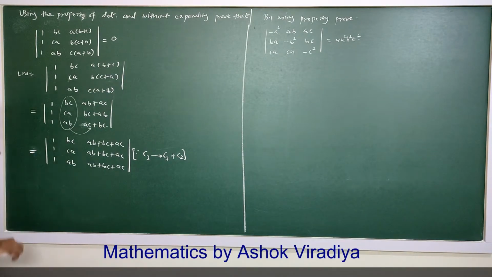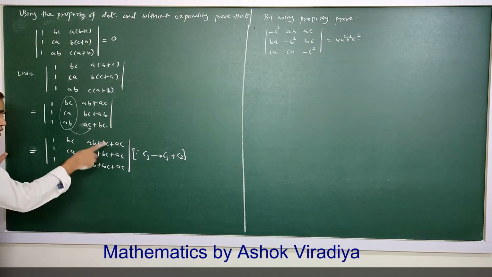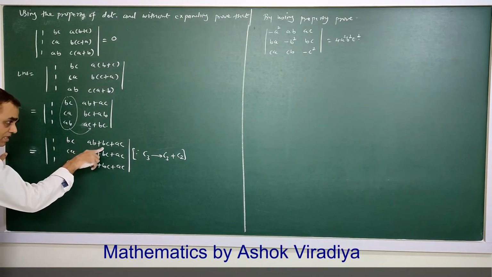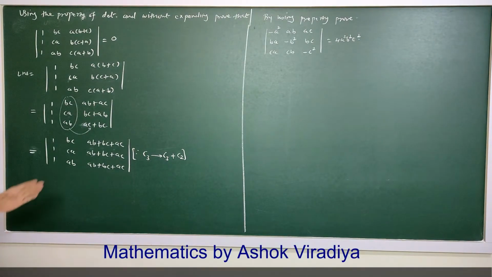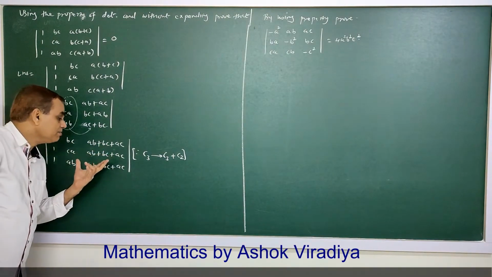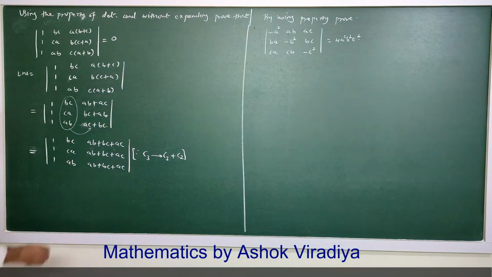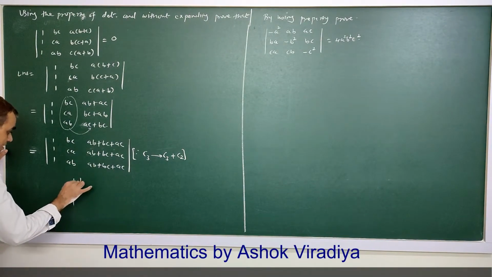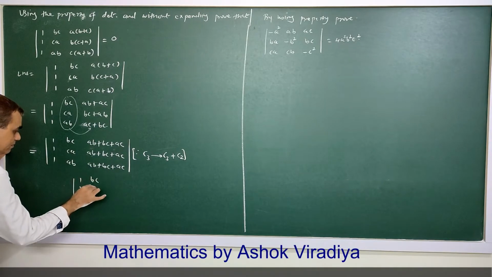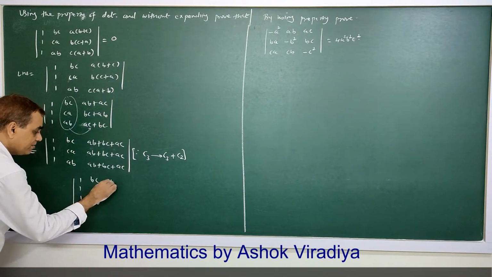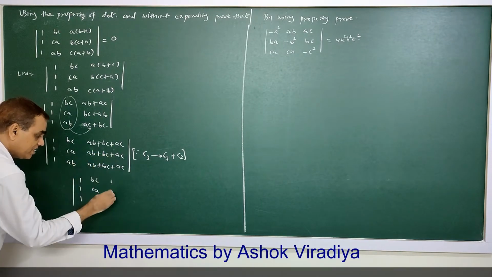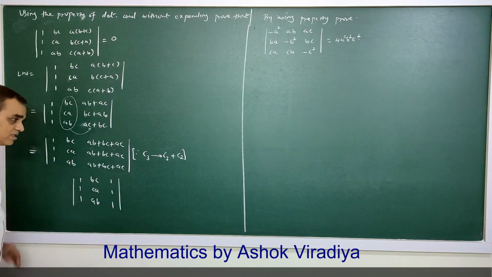Now, from this determinant, in the third column, AB plus BC plus AC is common. Taking common, that means what? The third column is divided by AB plus BC plus AC. See, dividing the third column by AB plus BC plus AC, it will be 1, 1, 1.